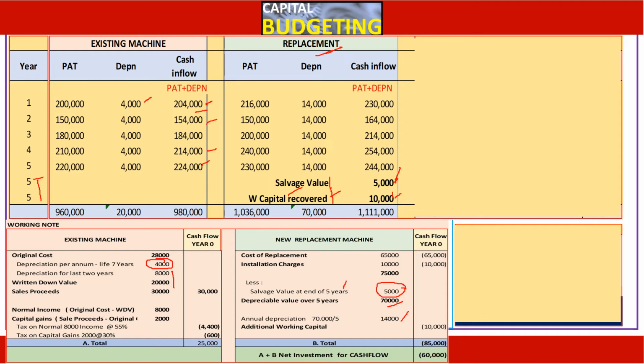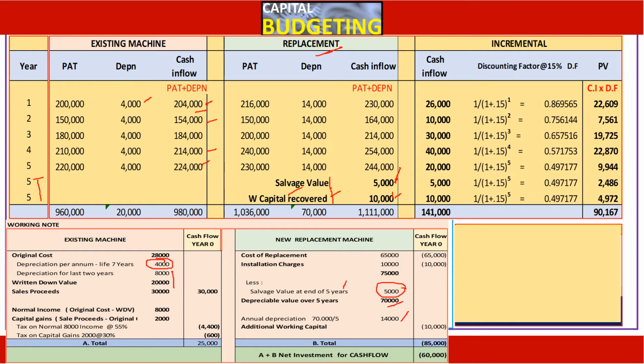Now with that, we have got cash flows under both the existing machine and the replacement machine. And now we have to see how it looks taking into account the discount rate of the company. It is told in the problem that we take the net cash flow. We have got 2,04,000 in the first year under old, 230 under the new. Incremental cash flow is 26,000, then 1,54,000, 1,64,000, 10,000.